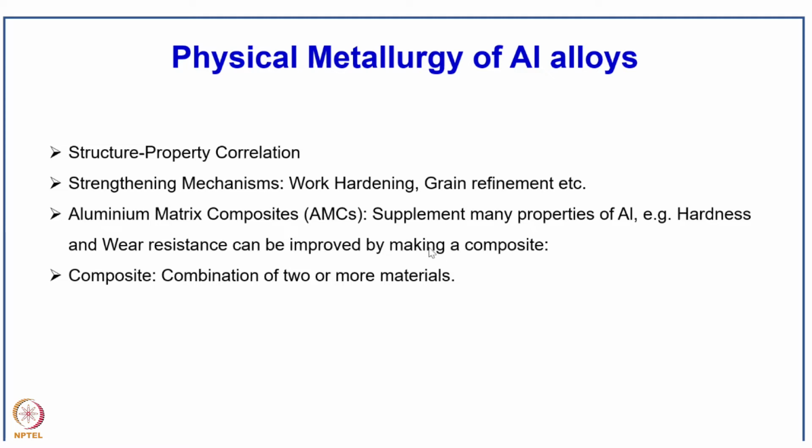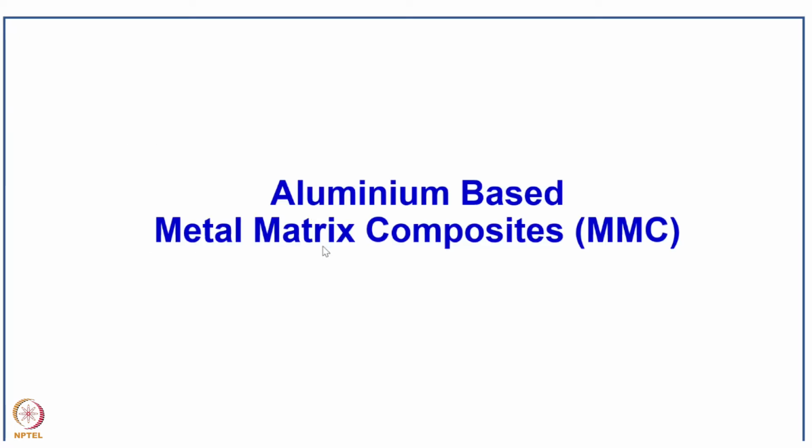Now, if you remember, in the beginning I said this particular course has two components. One, of course, is the aluminum and its alloys, including the physical metallurgy, and that is what we have covered so far. So from today onwards, we are going to start the second part, that will be on the composite part, the aluminum based metal matrix composites.